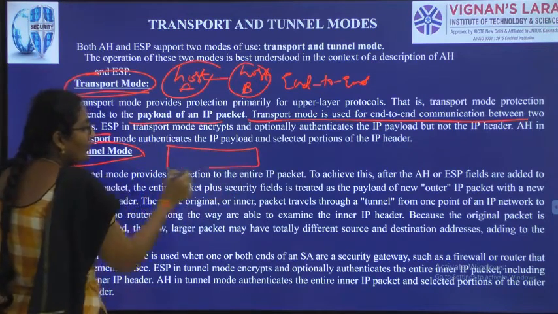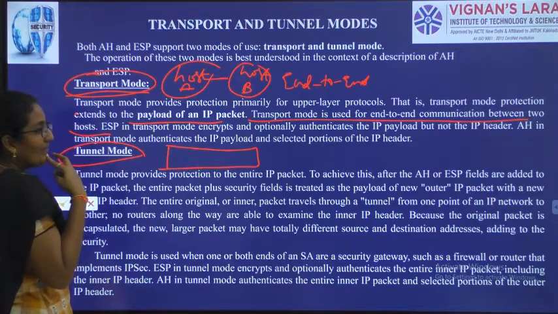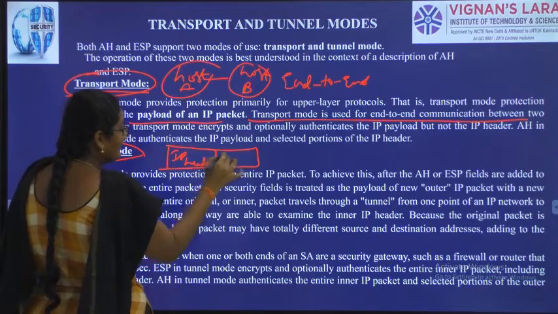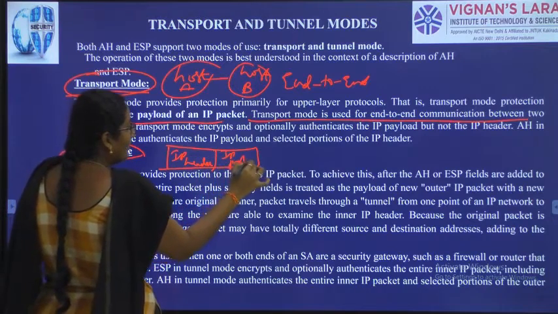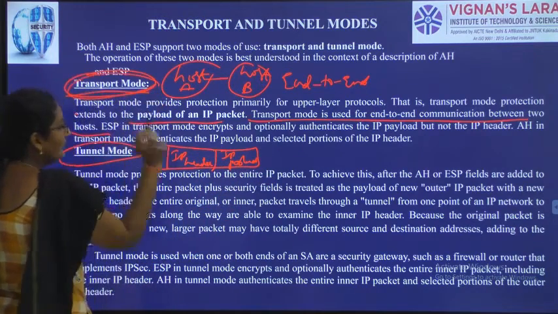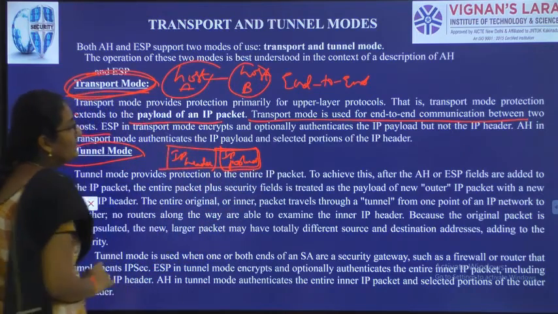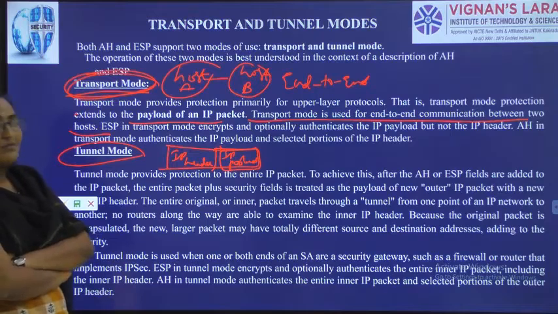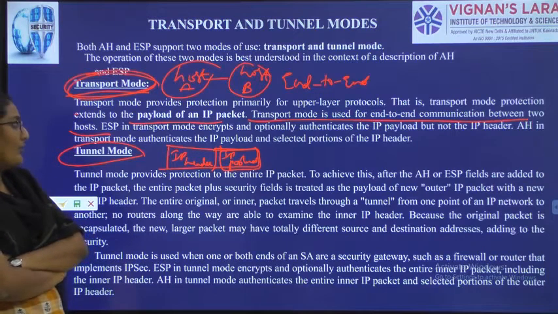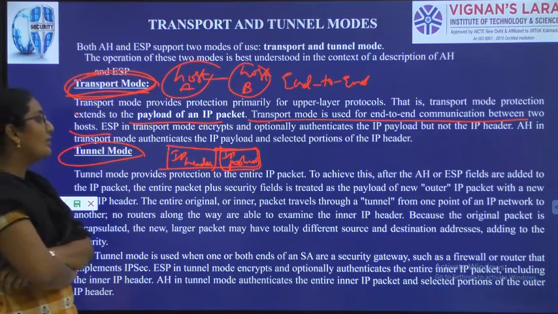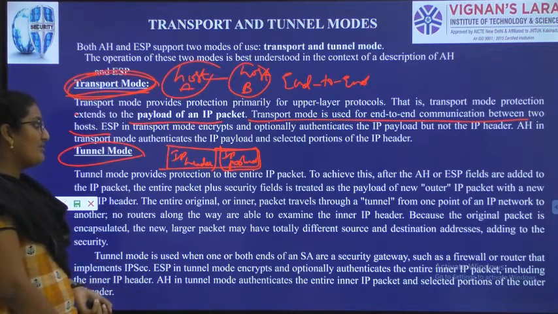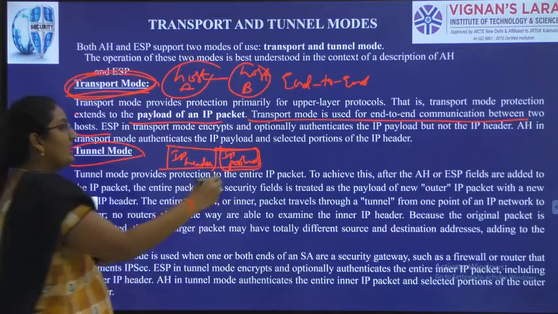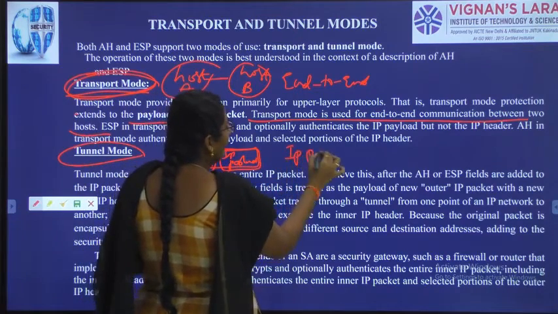While telling about the structure of IP security, I told you about the IP header and IP payload. So this transport mode will only look after the IP payload. It will do end-to-end communication between the hosts. It will encrypt and transfer data, but it will only look after the IP payload.